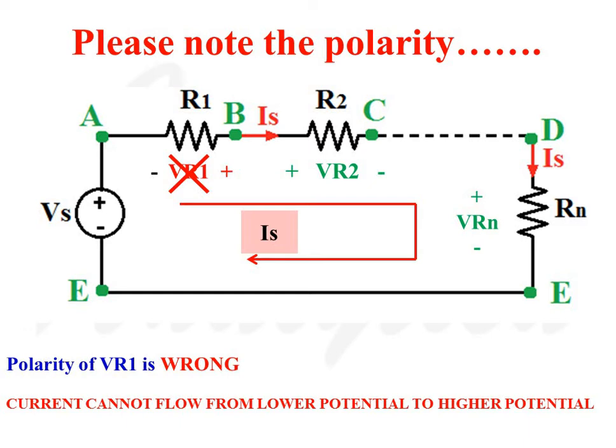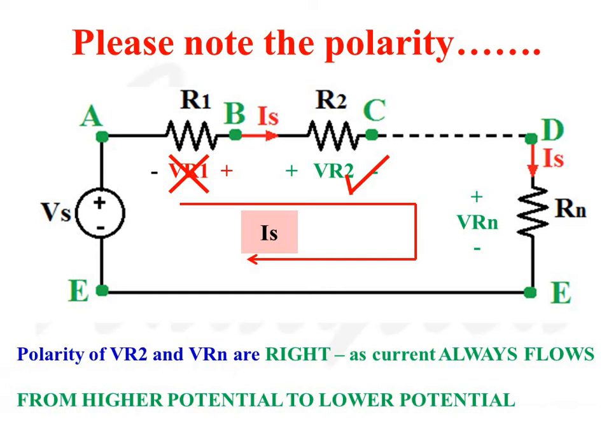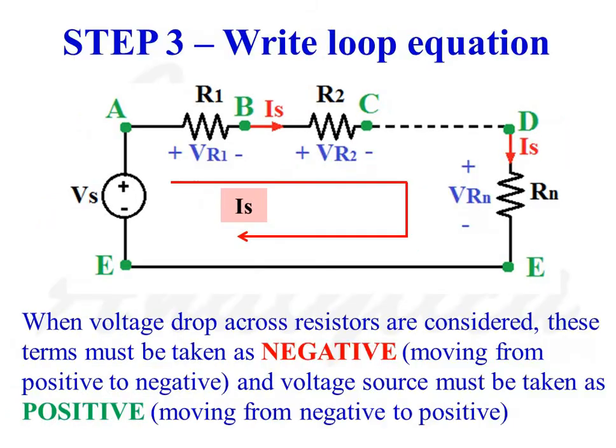So here the direction of voltage drop across resistance R1 is wrong. But the direction of voltage drop across resistance R2 and Rn are correct, as the directions are marked as point B positive with respect to point C in the case of R2 and point D positive with respect to point E in the case of resistance Rn.